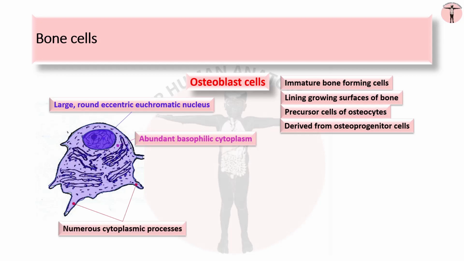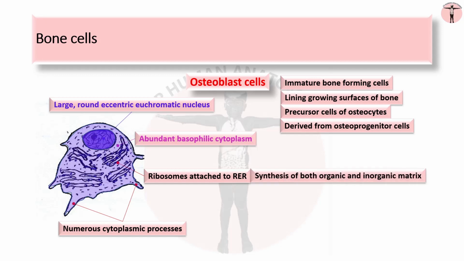The cytoplasm is strongly basophilic due to ribosome granules attached to the endoplasmic reticulum. These help in the synthesis of bony matrix, both organic and inorganic. The osteoblasts are secretory cells and their cytoplasm, in addition to rough endoplasmic reticulum, contains Golgi apparatus, mitochondria and other organelles.